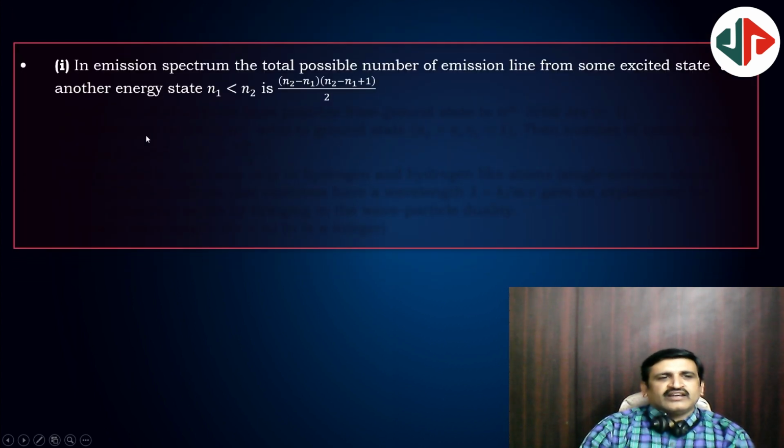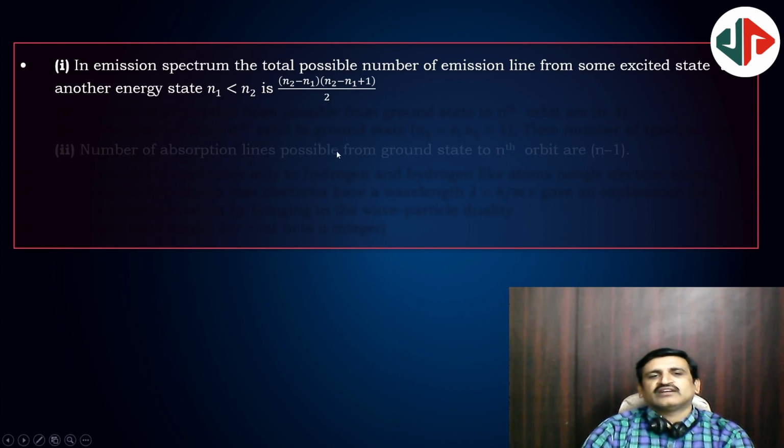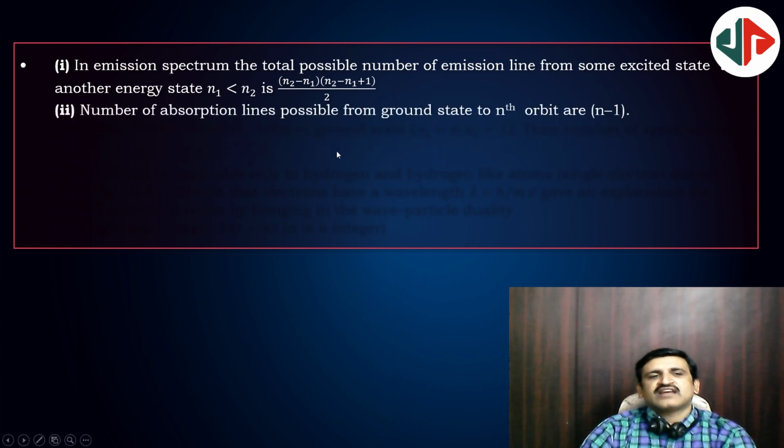Next, in the emission spectrum, the total possible number of emission lines from some excited state n2 to another energy state n1, which is less than n2, is (n2 minus n1) into (n2 minus n1 plus 1) by 2. These many spectral lines are possible. The number of absorption lines possible from the ground state to the nth orbit is n minus 1.